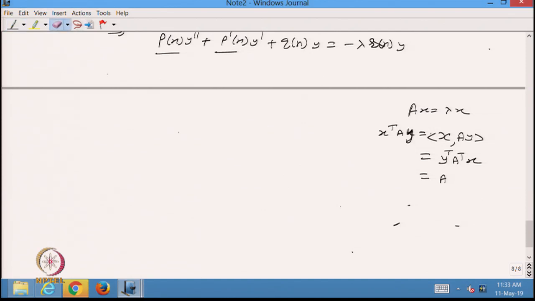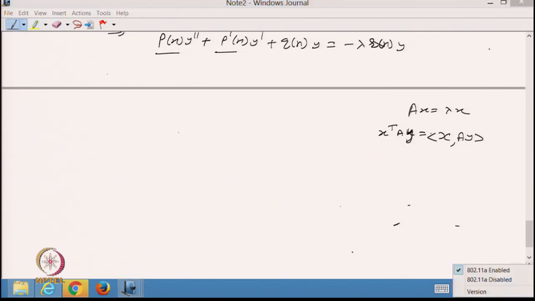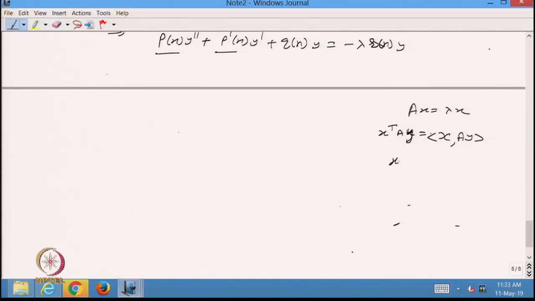If I take the transpose, then x transpose Ay can be written as y transpose A transpose x. So I can write this as the inner product of y and A transpose x.